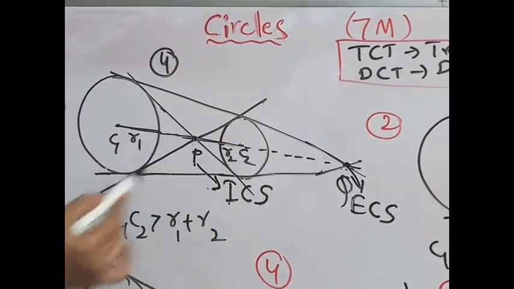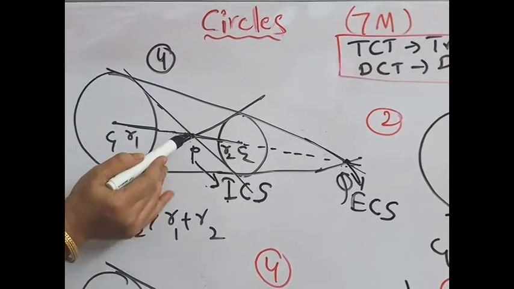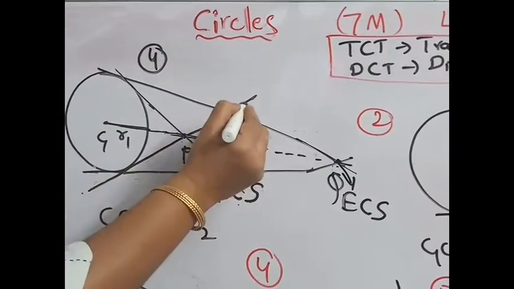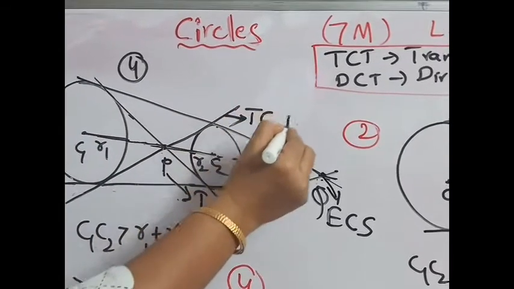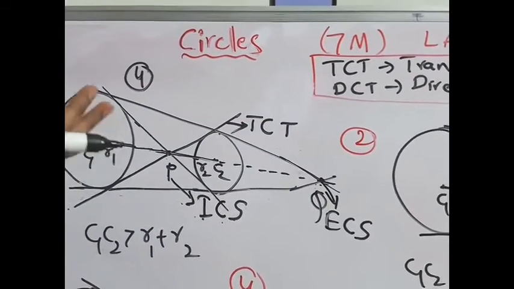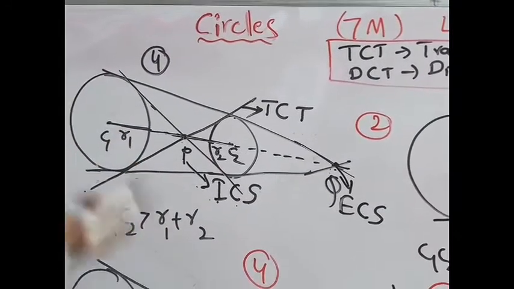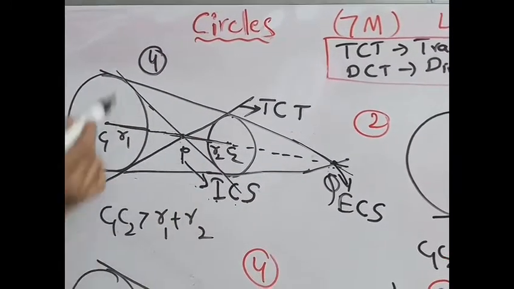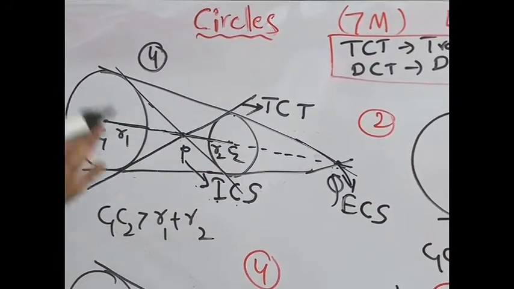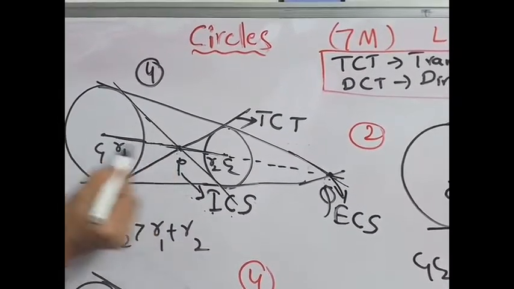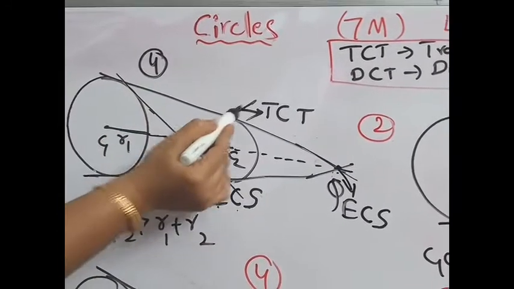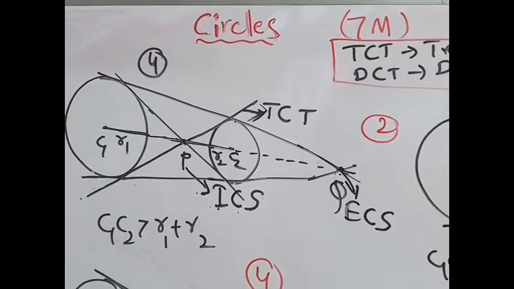The common tangents which pass through the internal center of similitude are called transverse common tangents. We can say it another way also: the pair of common tangents passing through the point of intersection which lies on the line segment C1C2 are called transverse common tangents.